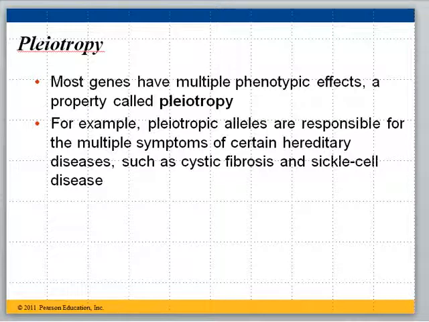Another good example is that pleiotropic alleles are responsible for multiple symptoms of certain hereditary diseases, such as cystic fibrosis and sickle cell disease. So it's one allele, but it is causing multiple issues. It has multiple phenotypic effects. So one gene affects multiple phenotypic outcomes, or things that we see. That's pleiotropy. I'm not sure exactly how to pronounce that, but I would take either one.